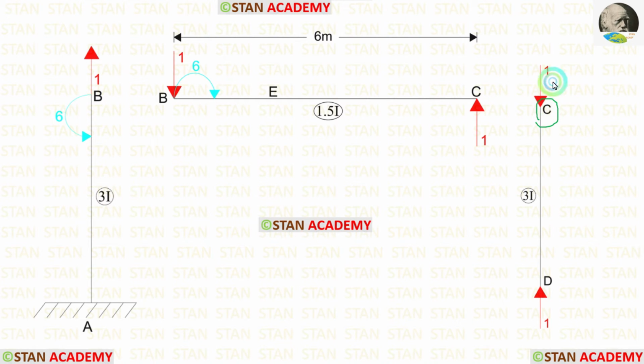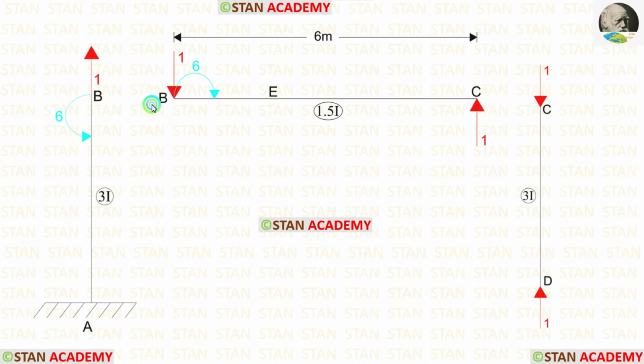At the point C, on the right side, the reaction is acting downwards. So on the left side, it should be acting upwards. Because of this, a reaction is developed at the point B. Since it is acting upwards, the reaction at the point B should be acting downwards.